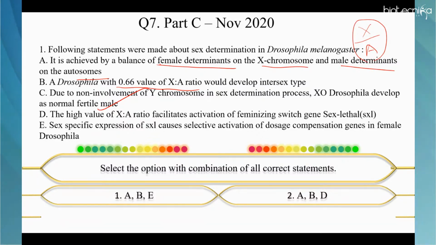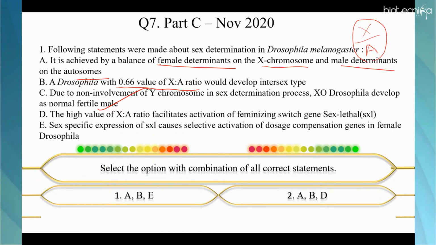That you should know. High value of X by A ratio facilitates the activation of the feminizing switch gene, which is called Sex lethal. So if you have a high X to A ratio, it means X will be more than A. In insects, the number of X chromosomes and autosomes are not fixed in all individuals.